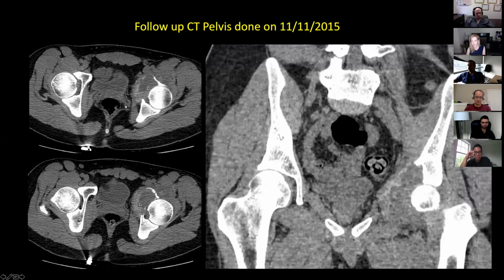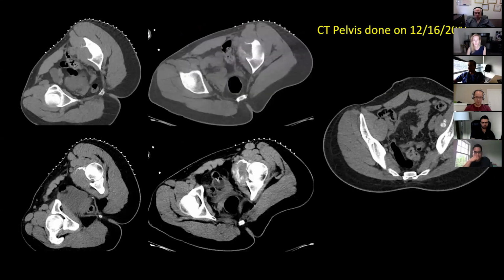That gave me some hope. I didn't do anything this time. I said, okay, come back in a month and we'll see you then. This is a month later, and you can see that more ossification and calcification has formed. There's even some calcification in the iliopsoas muscle that formed in the interim.